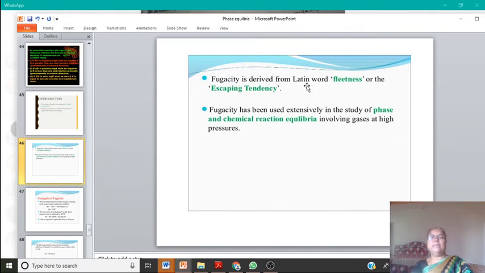Fugacity is used extensively in the study of phase and chemical reaction equilibria involving gases at high pressure. In short, the meaning of fugacity is escaping tendency.